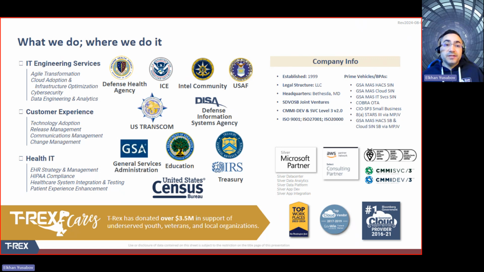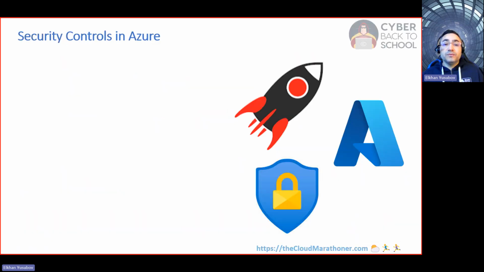All right, that said, let's move to our first topic, which is security controls in Azure, and let's review what we have by these services. Again, this is going to be a high-level introduction into most of the services that you need to be aware about, where security controls are in place. Let's consider these different security controls that are available in Azure and how they contribute to your overall secure posture.